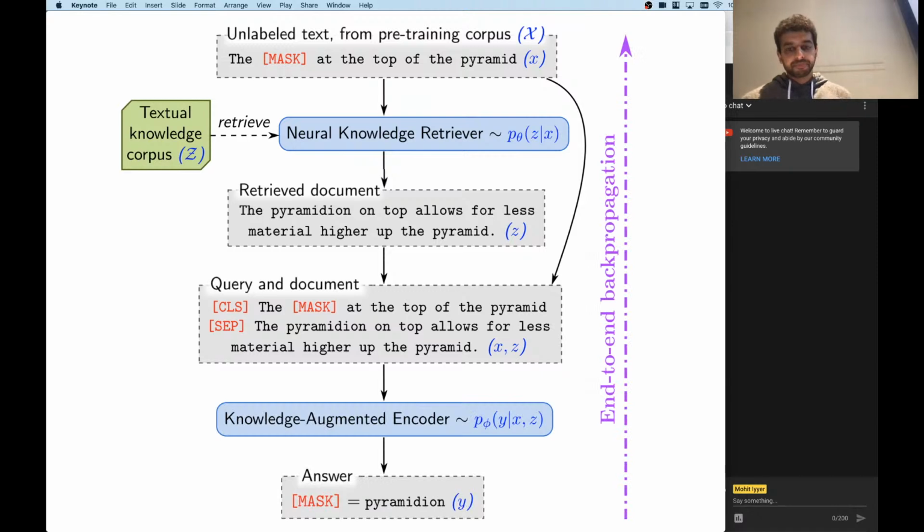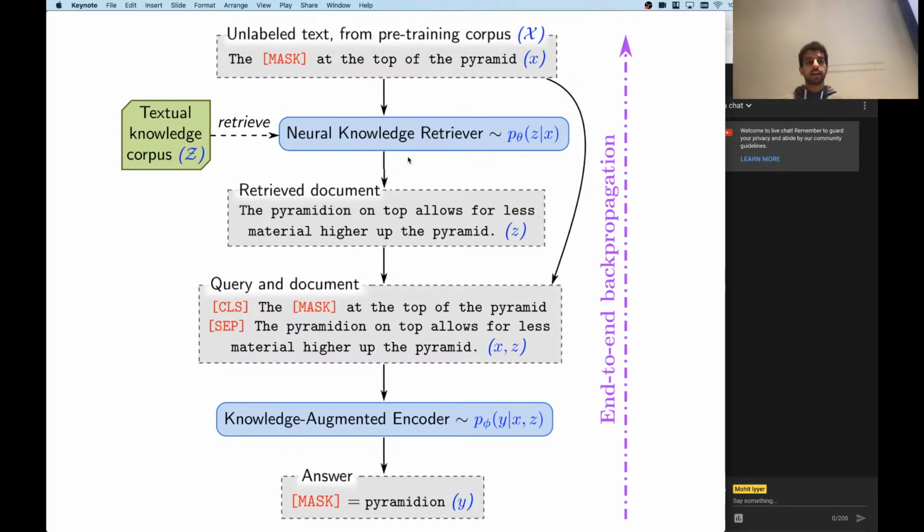Okay, and so finally, we put a classifier over the mask token to predict the distribution of what goes in there, and that's just the same as in normal BERT. We use a softmax layer to do that. So essentially the only new thing in this pipeline is we retrieve a paragraph, we concatenate that paragraph with the query, which is our initial training example with the mask token, and only then do we predict the mask tokens.